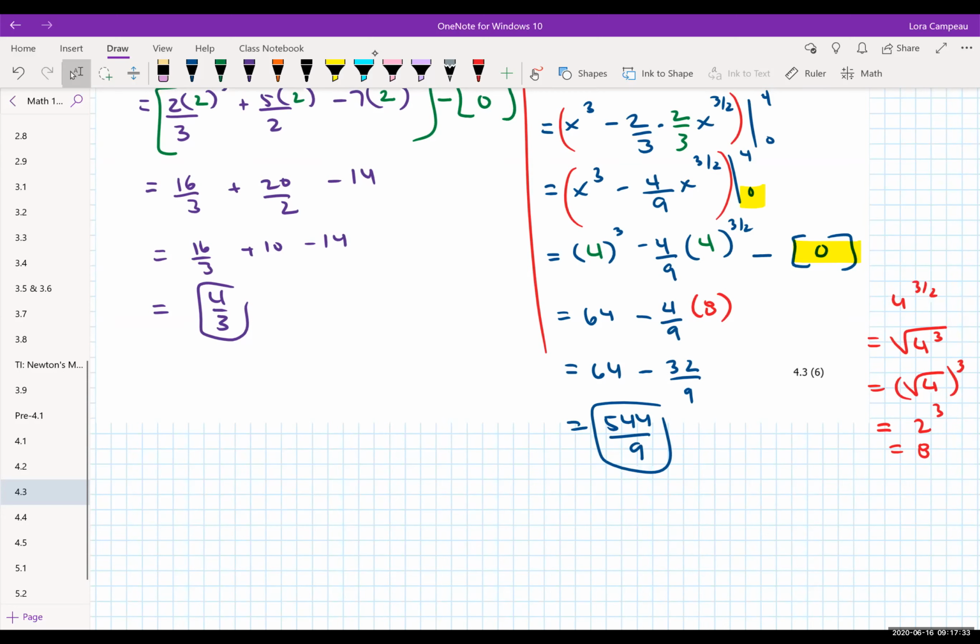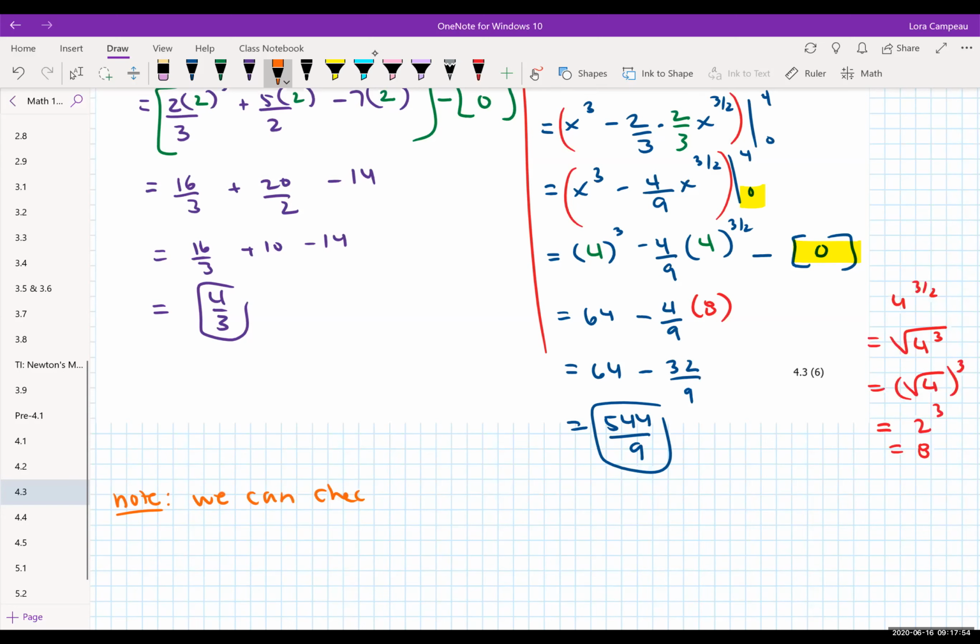But one more thing before we end, I wanted to show you some cool things in the TI. Little note to ourselves. And I tend to use this using the TI. I'll probably use it when we have applications of integrals, unless we're told otherwise. But we can check these.